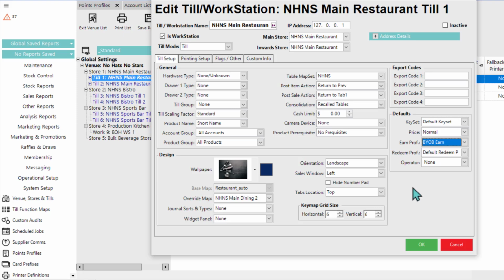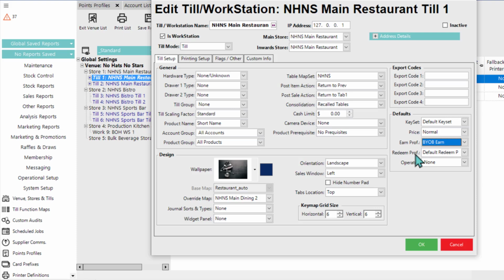Relatively straightforward. It's very nice that we can set different profiles for different tills if we'd like to, and again that we can set them differently for earning and for redeeming. But we do have a few other point settings which factor into the overall points earn and redeem rates. Remember, even though we're setting these at the till level here, because they're the points profiles which sit at the global level, they're the base rates that are going to be used per sort or type.